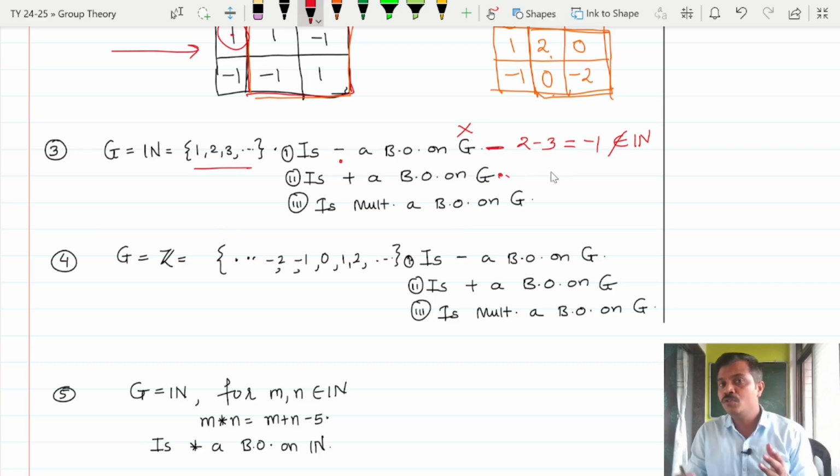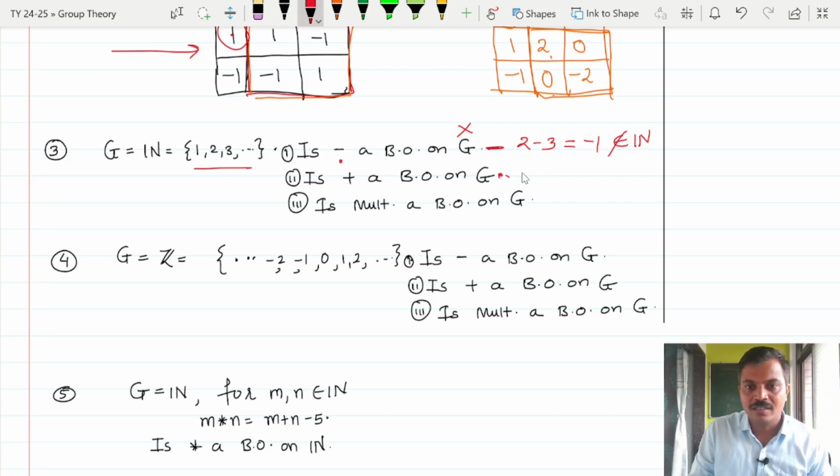If you take any two natural numbers, we already know that if you add them, the answer is again going to be a natural number, right? For example, if you take 5 and 10, you get 15, again a natural number, and this is applicable to any two natural numbers that you pick. Repetition is allowed, obviously. Still, the outcome will be a natural number, so therefore this plus is a binary operation on set G.